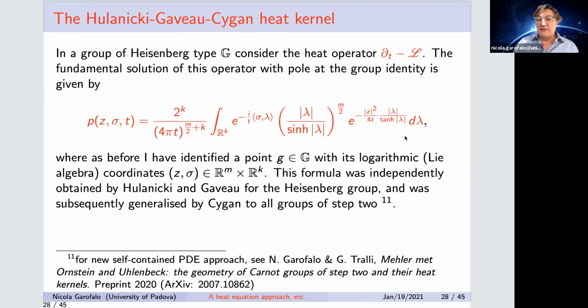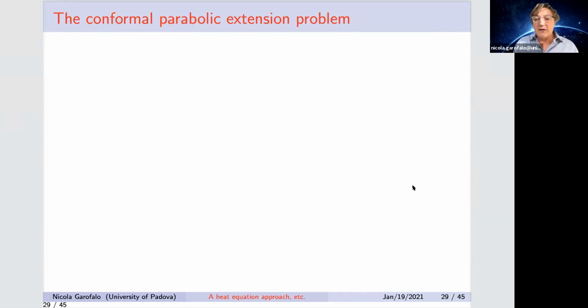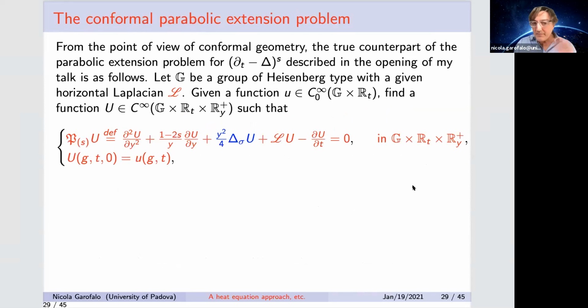In the late 70s they found this fundamental solution, and then it was subsequently generalized by Cygan, who at that time was a student of Hulanicki, to all groups of step 2. So I am going to build on variants of this formula to define L lower S. Remember, I will not use the strange formula.